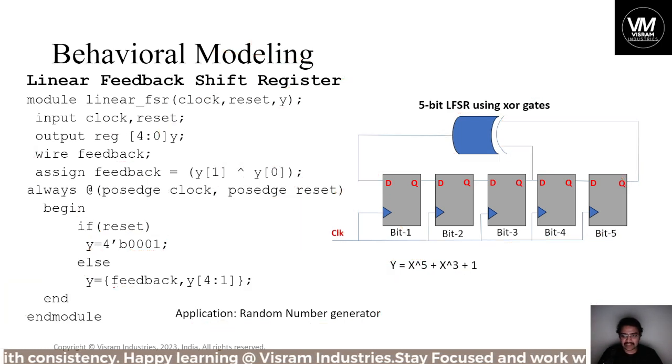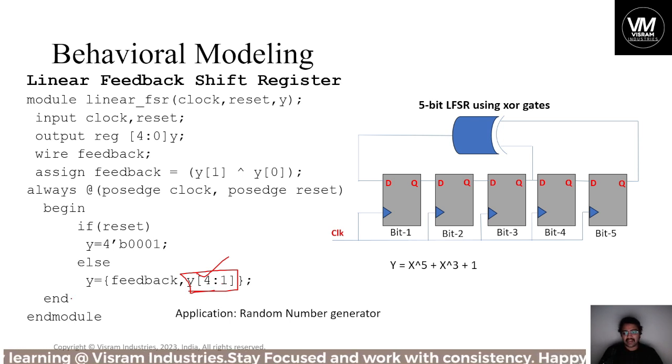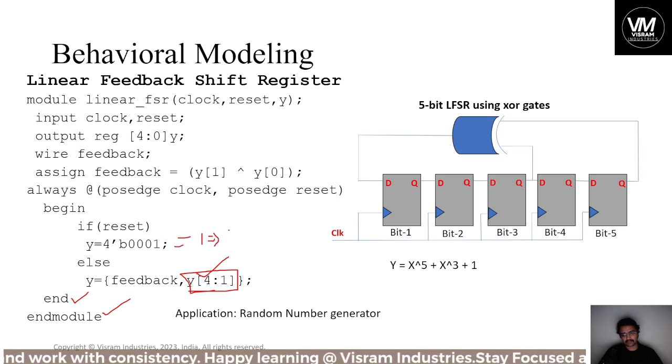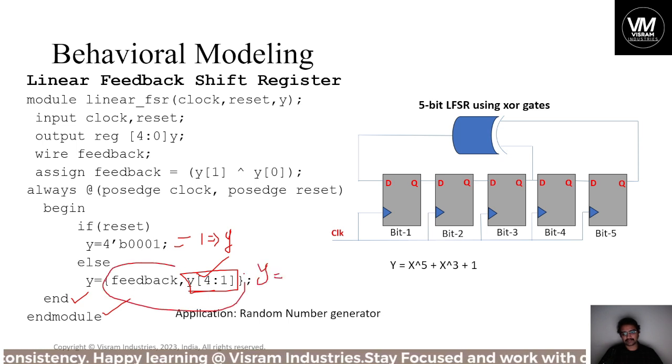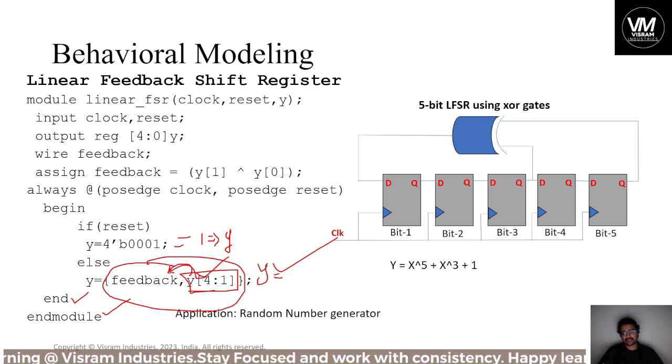Now here, else y is equal to feedback and y, whatever the value of y 4 colon 1, and end the module. Hence you will have output as some random number generated. Whenever you reset, the output will always be the value of 1, or else y can have the value of feedback. Got it? So concatenation is nothing but you get the value here from y.